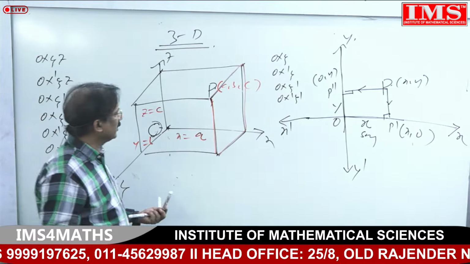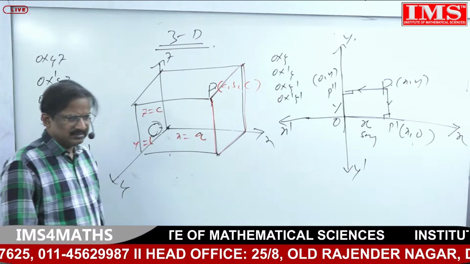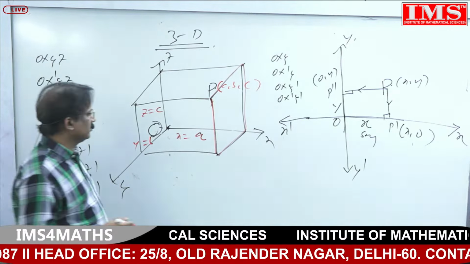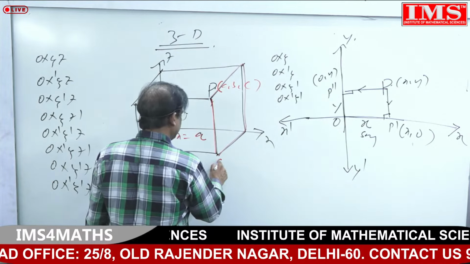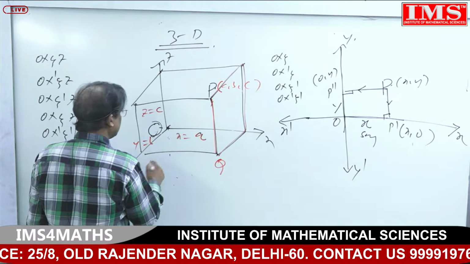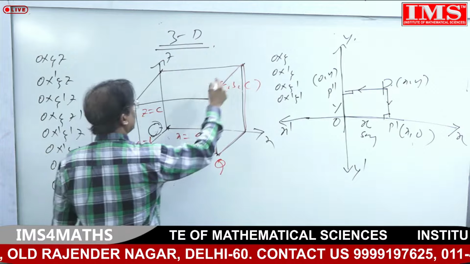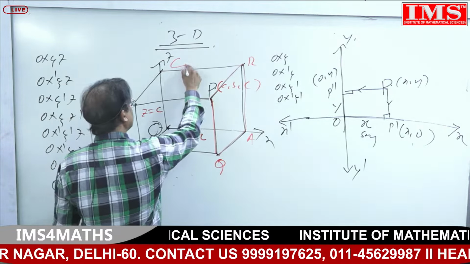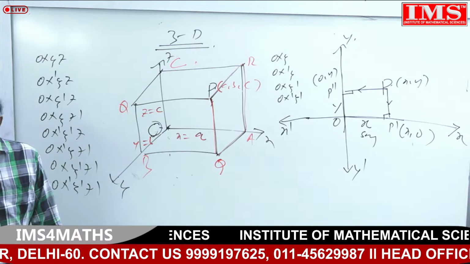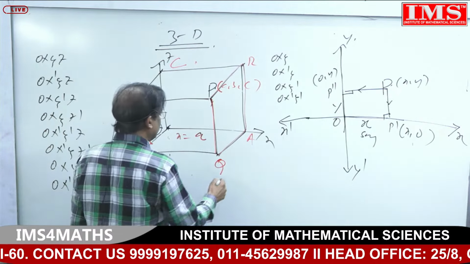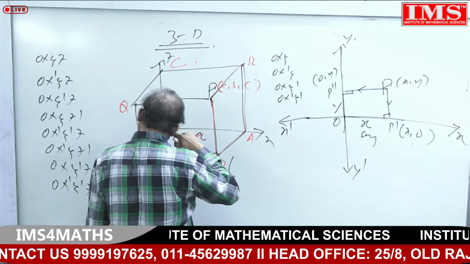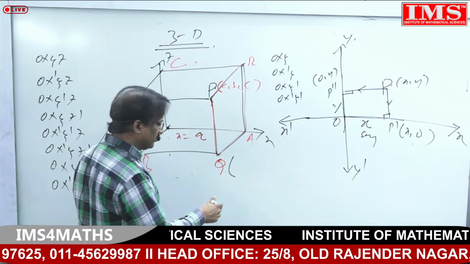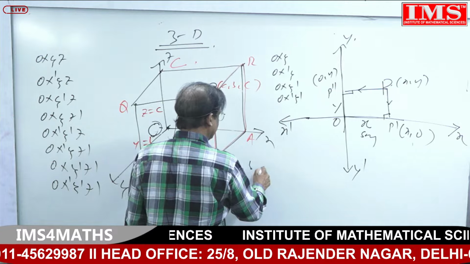This is P. Of course, I can easily write the points P, Q, and R. It's A, B, C, then see, I'll easily write the coordinates of the other points as well. What are the coordinates of this Q point? Z is absent, so we write A, B, 0.